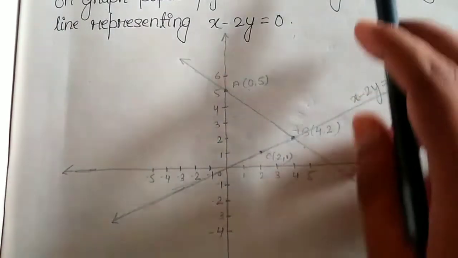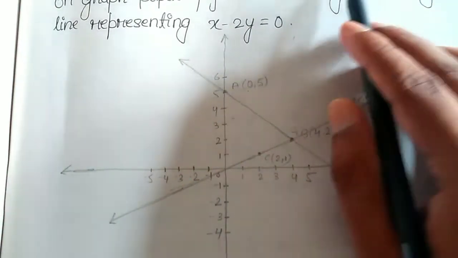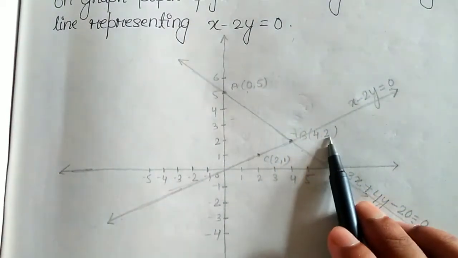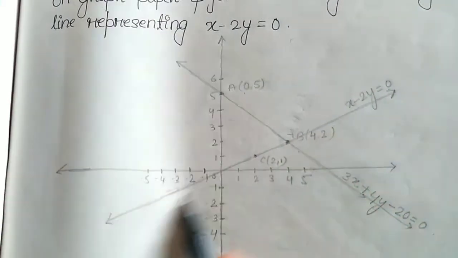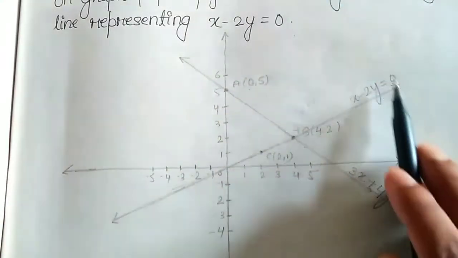Similarly, you plot the second pair of points, B and C. B is 4, 2 and C is 2, 1. Now join them, and you get another line which represents the second equation.